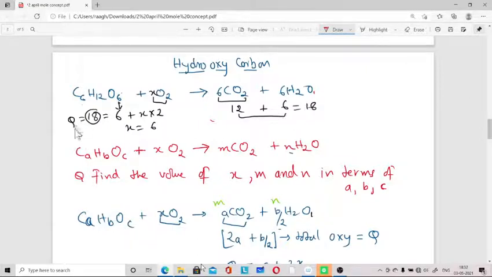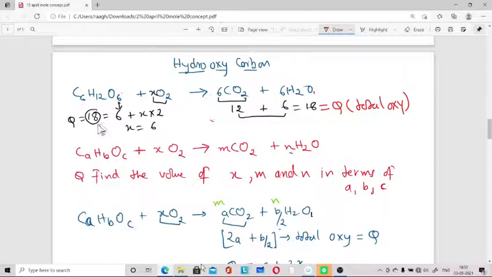Now this 18 is your Q, the total oxygen. What is the value of X here? This total 18 oxygen is on the product side, and on the reactant side it should also be 18.